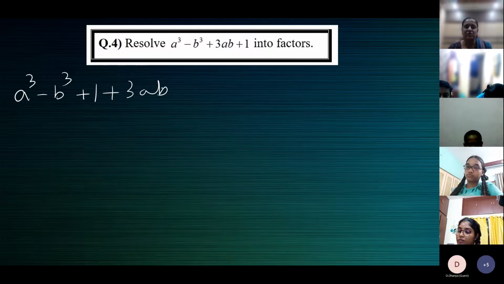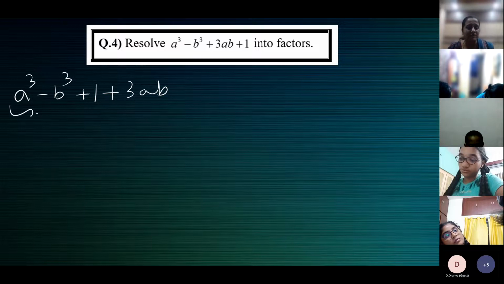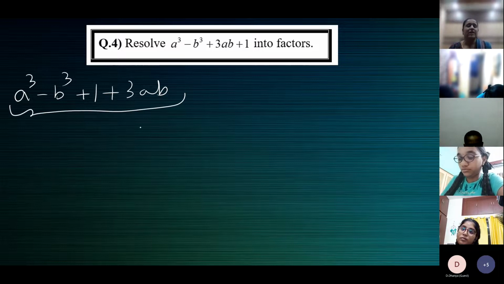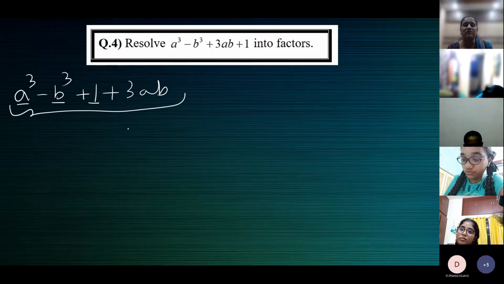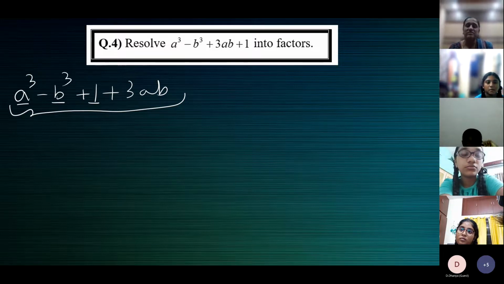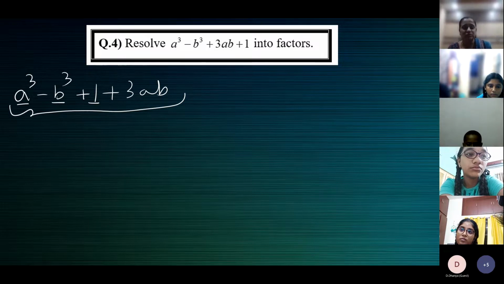3ab is not a perfect cube. It's just a term, 3ab. So there are clearly 4 terms, and of the 4 terms, the first 3 terms here are perfect cubes. There is only one identity which has 4 terms on one side with 3 perfect cubes, and that is what Tanya just shared.